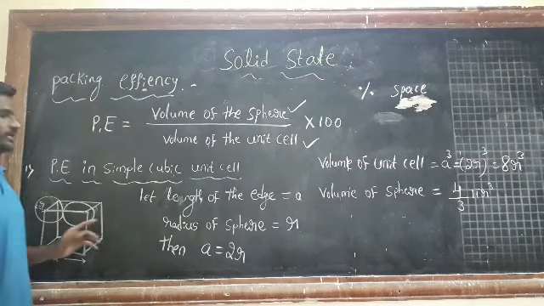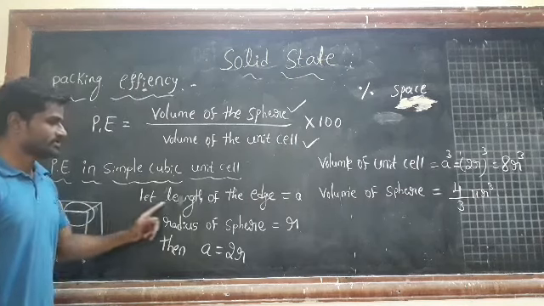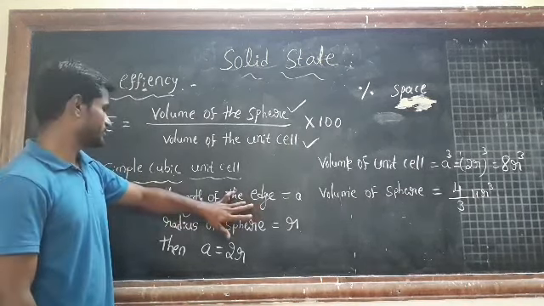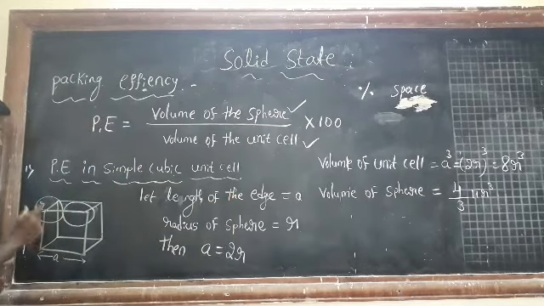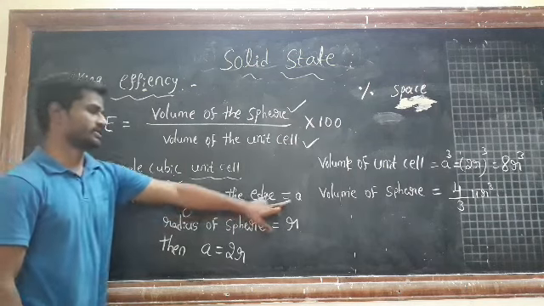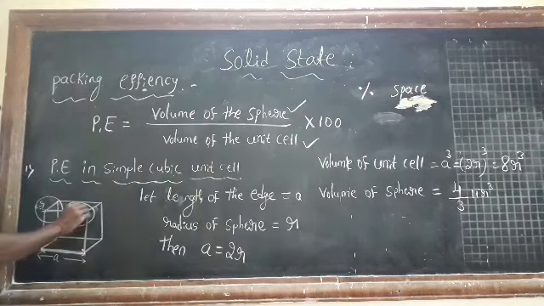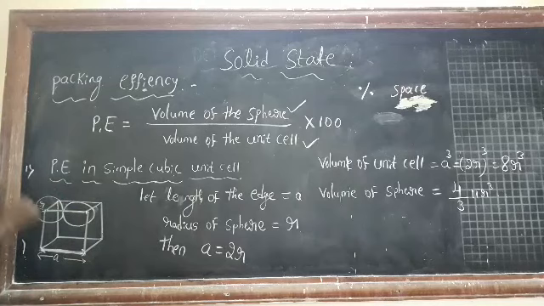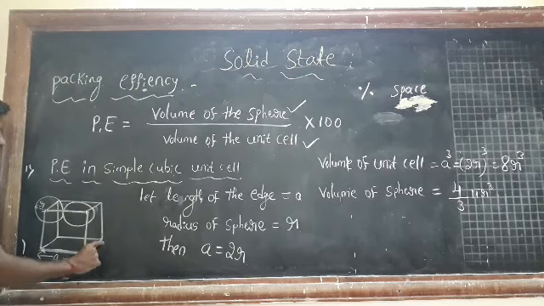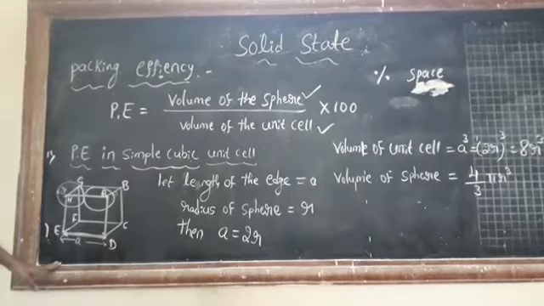Let us consider the length of the edge of this unit cell. This is the unit cell, and the length of this edge is a. From mathematics we know that for a cube all the edges are the same.